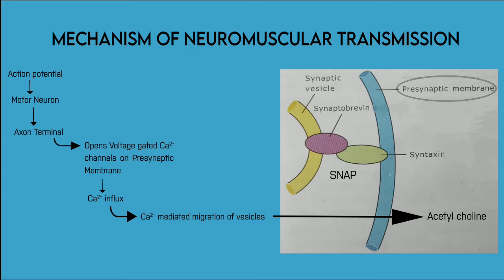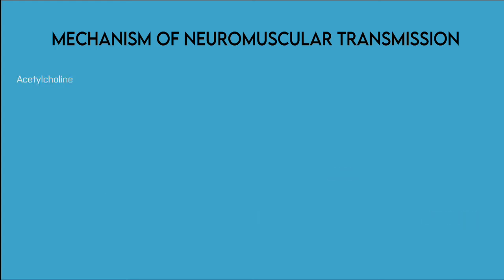The acetylcholine that has been released into the synaptic cleft will diffuse away. Some of them will be degraded by acetylcholine esterase enzyme, and the remaining acetylcholine will go and bind onto the acetylcholine receptors.